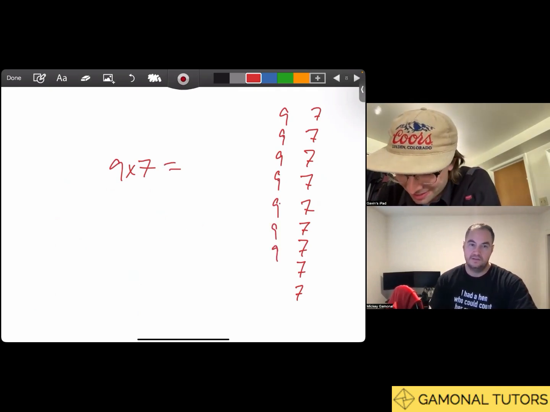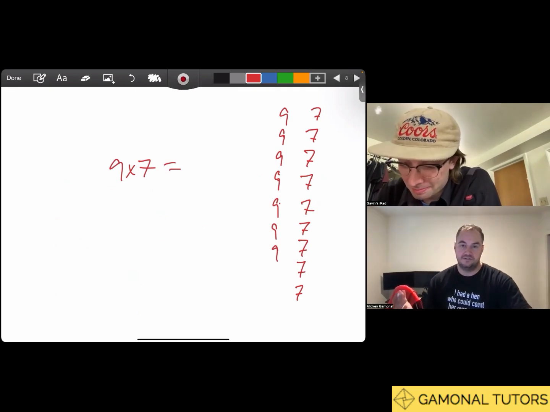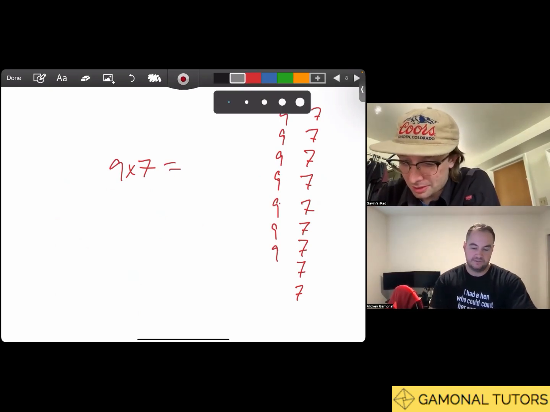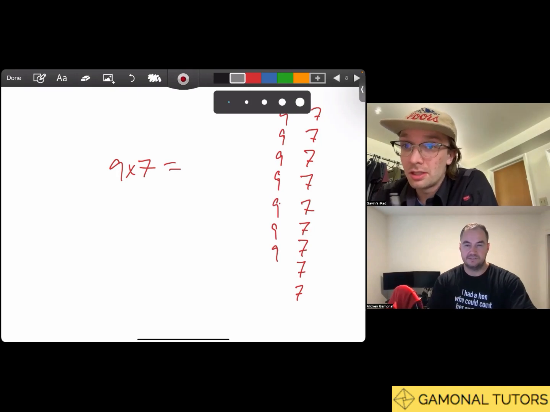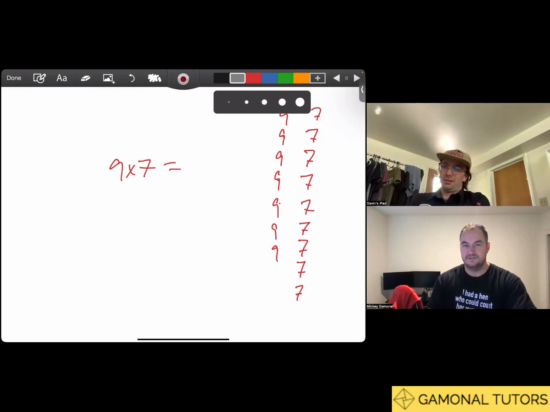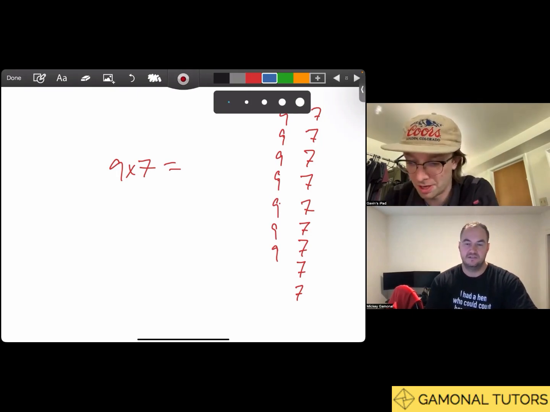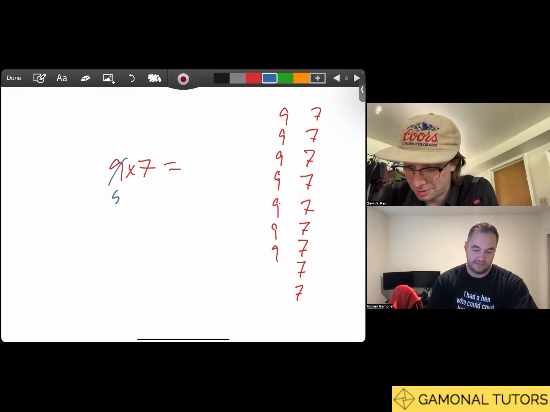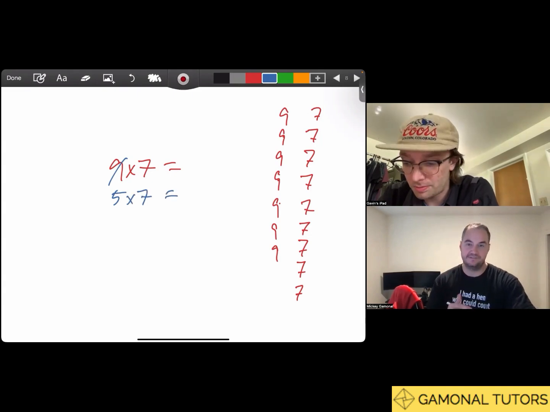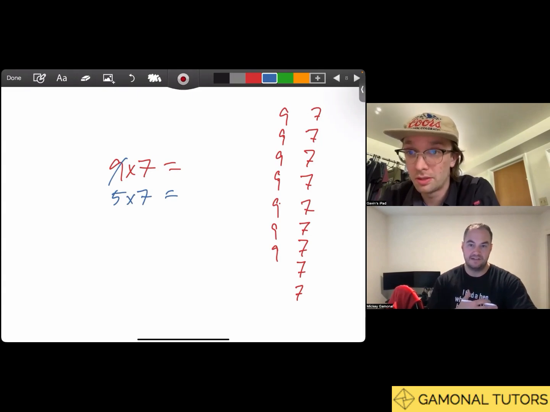Or just do 5s, right? Trade one of these two numbers. Which number do you want to trade for a 5? The 9 or the 7? Either one's right. Let's do 9. Cool. So the 9 becomes a 5. And so how many more 7s do I need to get to 9 7s? If I'm doing 5 there, how many more will I need?